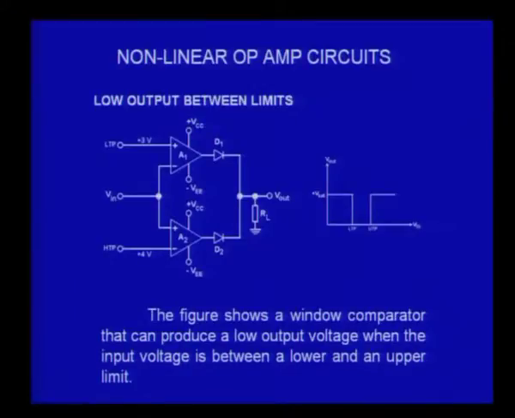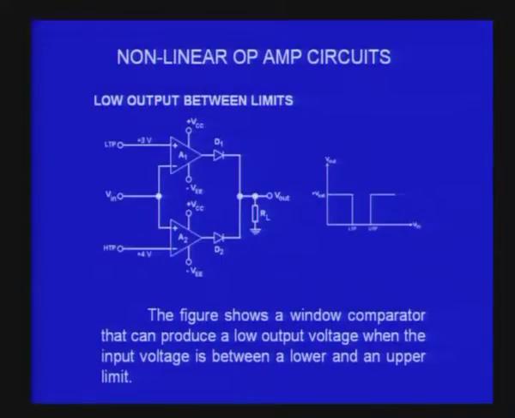Now, I can give you a very simple circuit which is a window comparator, as you can see on the screen. Because you have two definite threshold levels to set up, you have to have two comparators. Each one of the comparators will be associated with a very specific threshold.